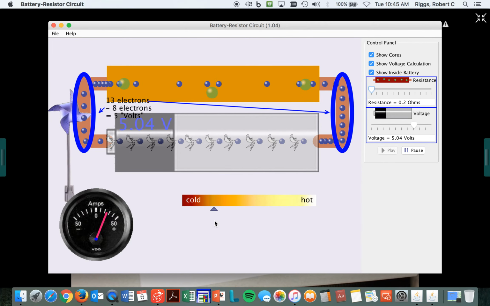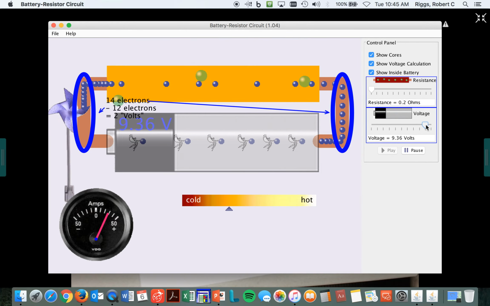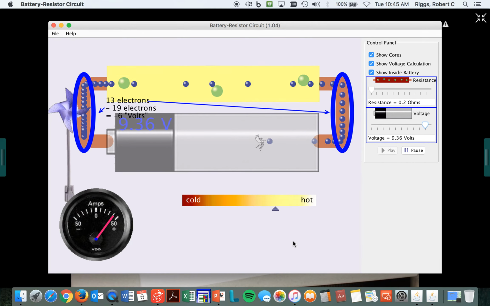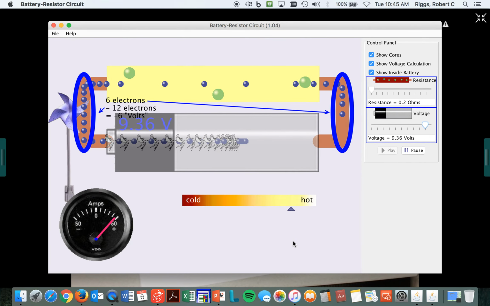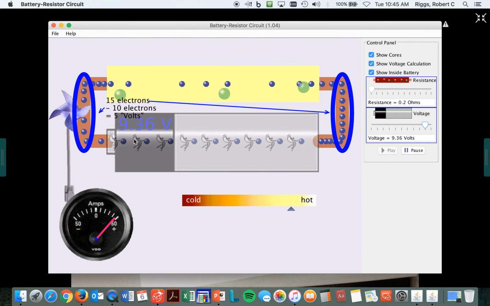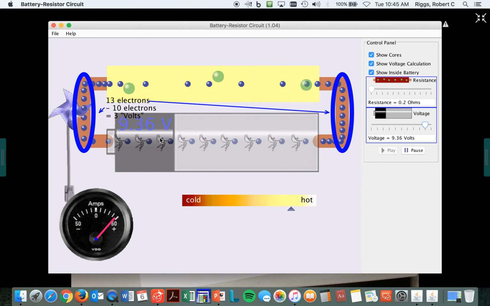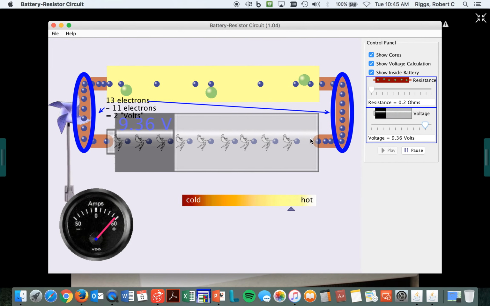It starts to get really, really hot. And if we increase our voltage, it gets really hot and burns up, so you need a resistor in there to keep it from burning up. And here are the chemicals in the battery, and it eventually runs out of energy.